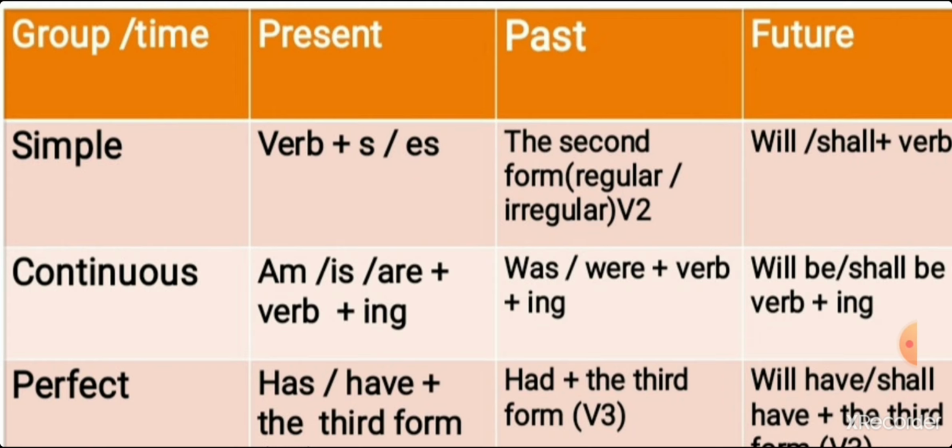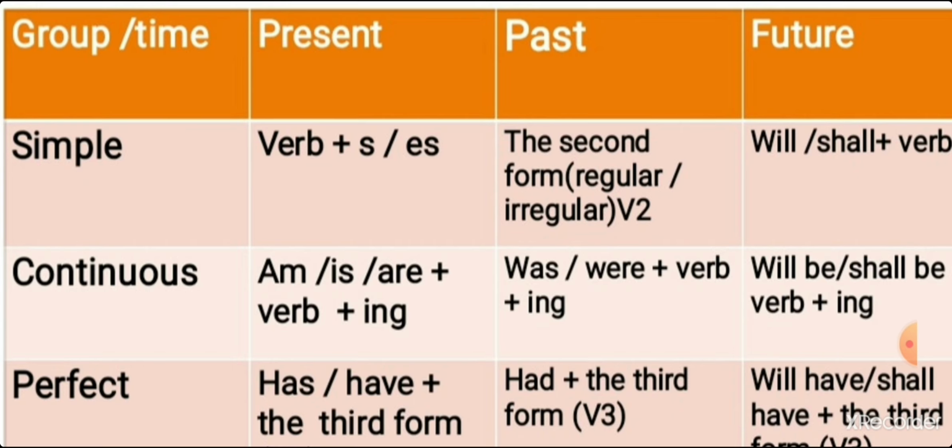And students, when we want to make interrogative and negative sentences, we use did. And remember, with did we always use the first form of the verb, like did she give you the message? Here we will use give. Or we can say, you didn't attend the class.